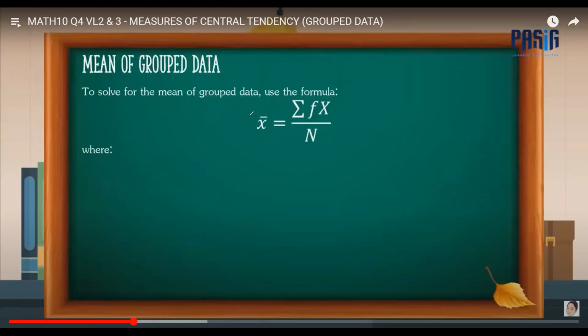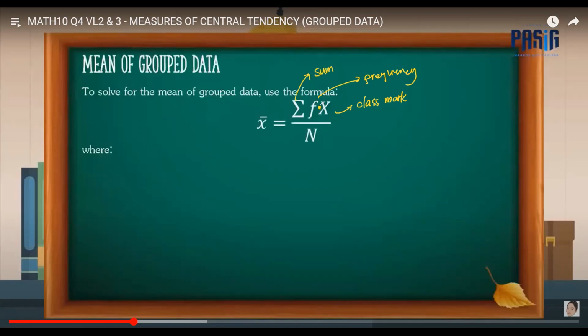Okay? So, we have the mean is equal to the sum. Yung sigma na yan represents the sum of the product of f and x. F stands for the frequency and x stands for the class mark. So ito class mark po yan. Mamaya malalaman nyo ano yung class mark. Ito alam nyo na yan, frequency. May operation between them which is multiplication at itong symbol na to represents the sum.